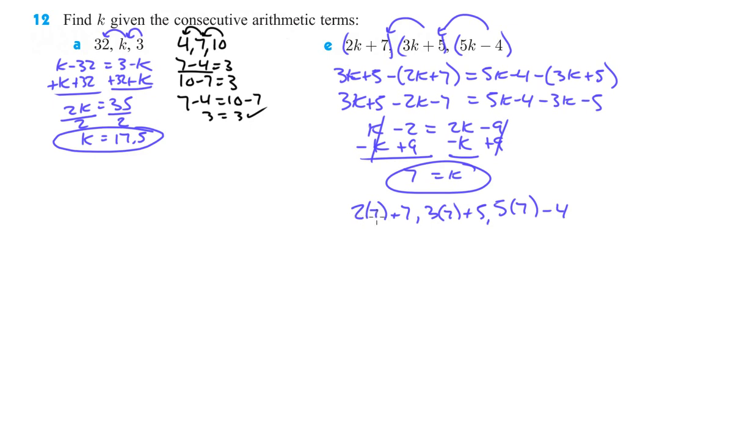So 2 times 7, 14 plus 7 is 21. 21 plus 5 is 26. And 35 minus 4 is 31, right? 26 plus 5 is 31. So that ends up being an arithmetic sequence, so we know for sure we got that right.